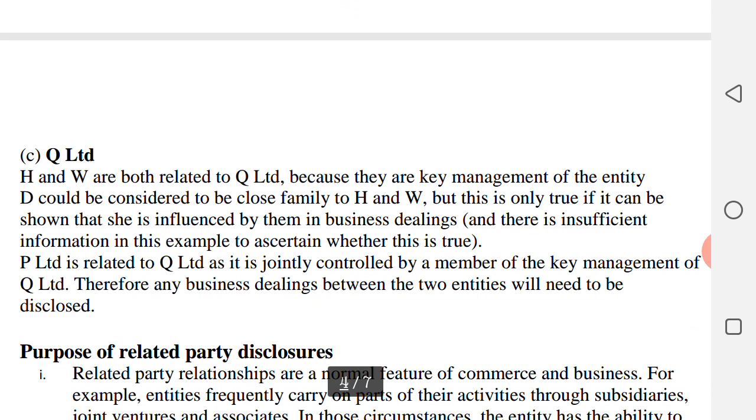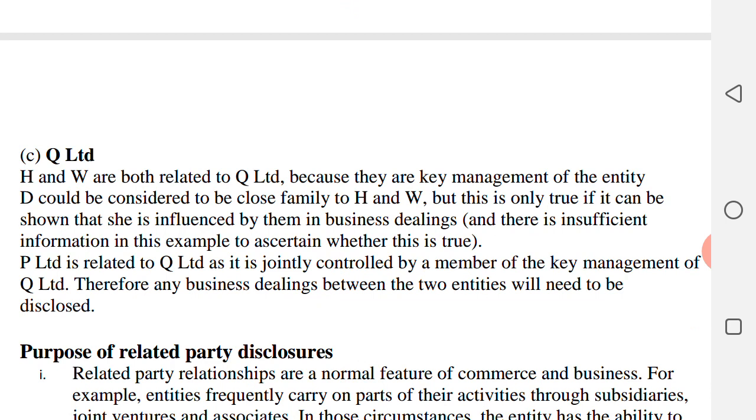Now let's look at Q Limited. H and W are both related to Q because they are key management of the entity. Because they are key management of the entity, they are related to the company. D could be considered to be close family to H and W, but this is only true if it can be shown that she is influenced by them in business dealings.